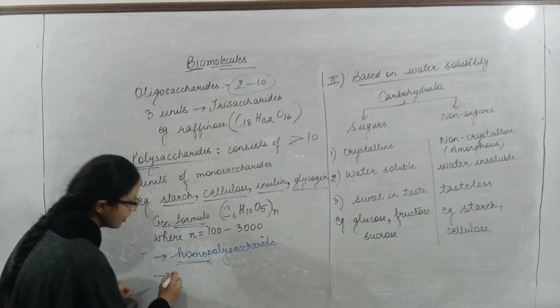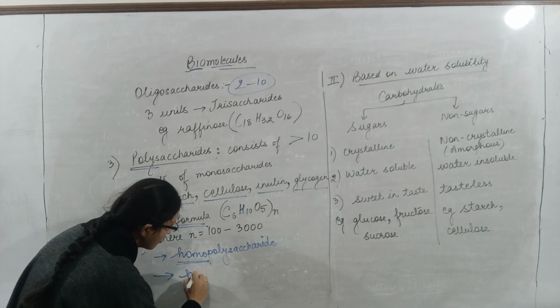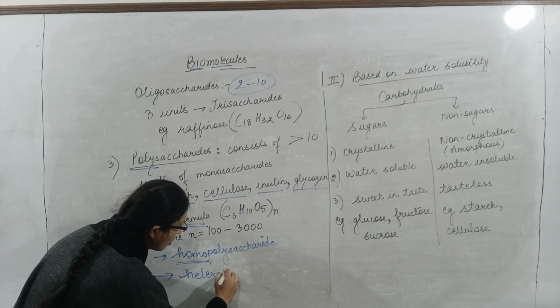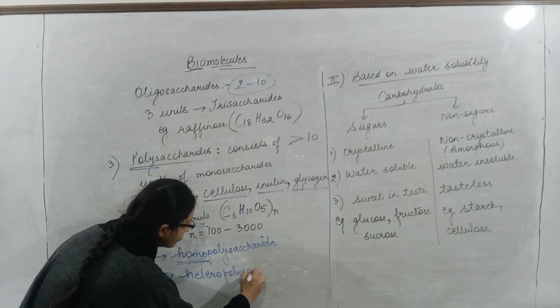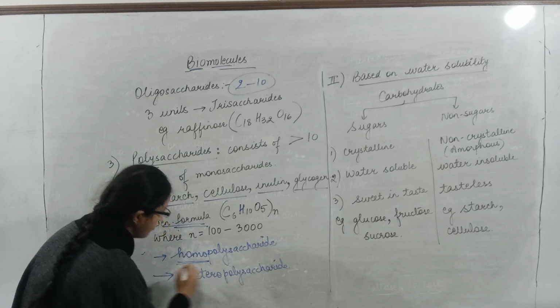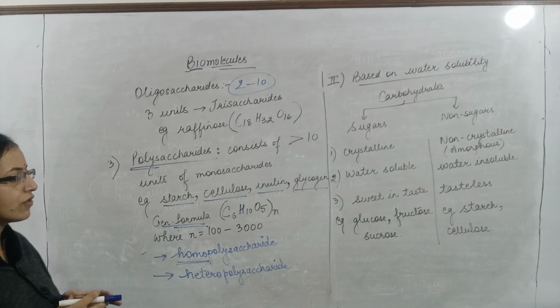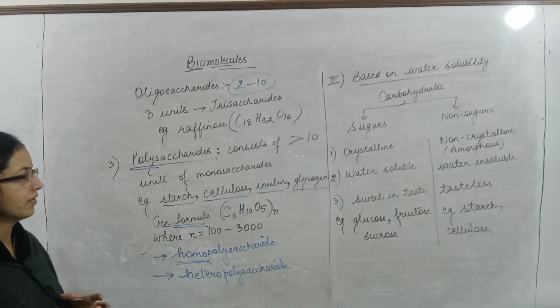And if it is made up of 2 or more monosaccharide units, then it is termed a heteropolysaccharide. So this classification was based on the number of units which it produces on hydrolysis.